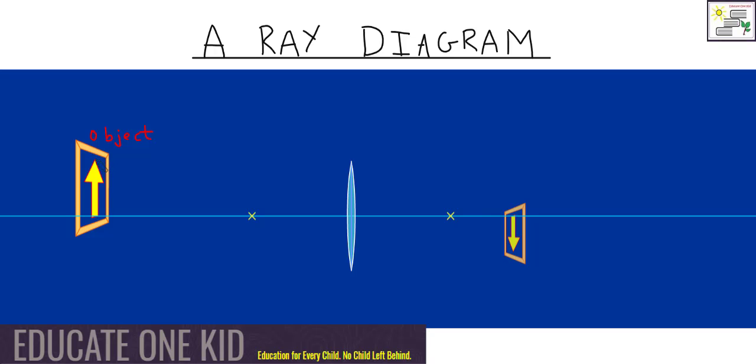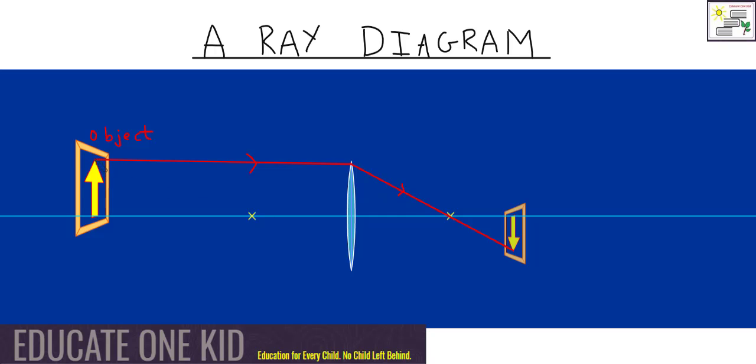So, a light ray from the top of the arrow that travels parallel to the axis. Remember, such a ray is bent by the lens and travels through the principal focus, like that.